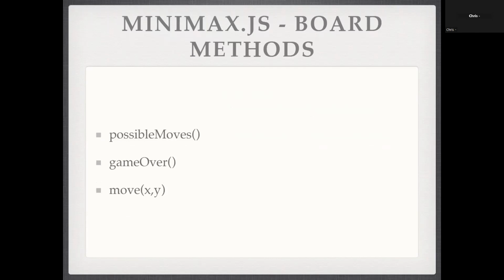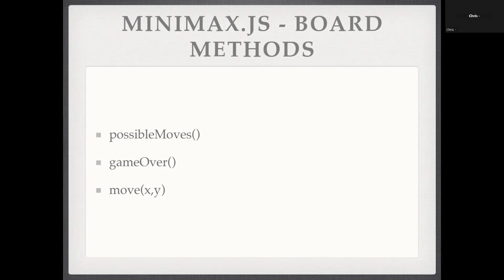These methods, okay, are the methods that provide the basic functionality required by minimax. We have a class named board, okay, and that class implements the game board itself and the methods required by minimax, okay. The game over method evaluates the board state to see if the game is over, and if so, who won.